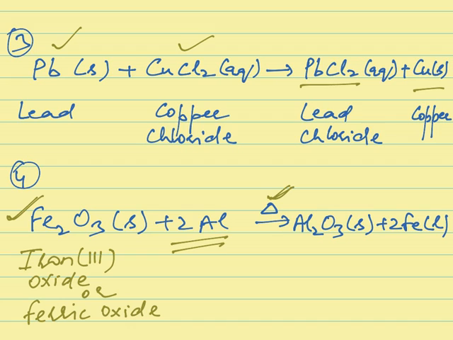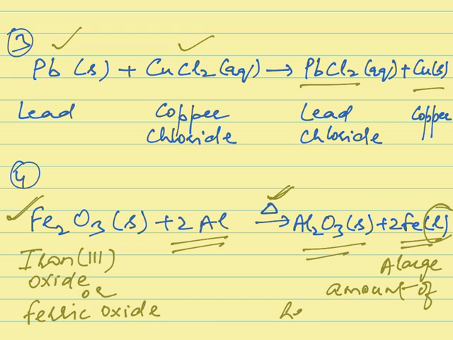When it is heated, again a displacement reaction occurs and aluminum oxide is obtained and iron is obtained in liquid form. It is obtained in liquid form because during this reaction a large amount of heat is liberated. So that's why due to that heat iron is formed in liquid state.